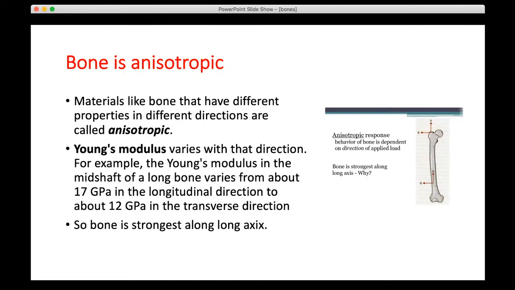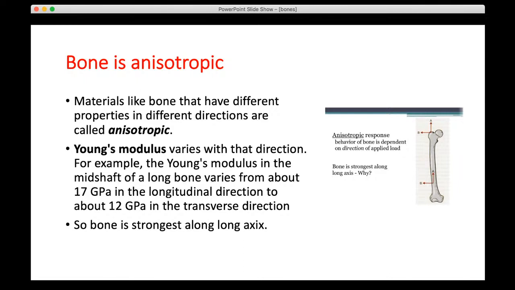So when it is 17 GPa, that means the bone is stiffer, and when it is 12 GPa, that means in the transverse direction it has less stiffness. So the probability of fractures is higher when forces strike areas where you have less Young's modulus. On the transverse side, usually the torsion-related shear stresses happen at these places.